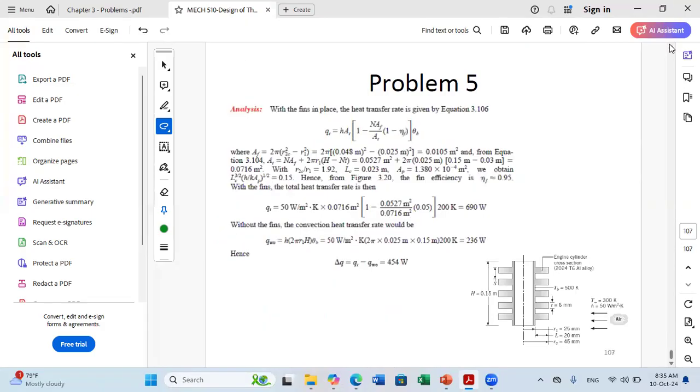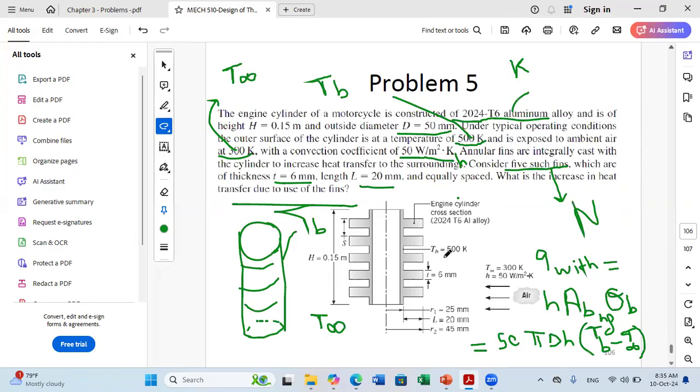Okay, if you consider the following problem here. What is the area that is not covered by fins? It is this area, look. This area plus this one, etc. Okay? And to calculate this area, you can simply say the following.